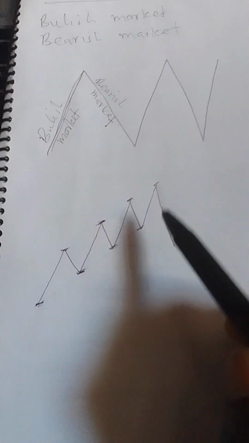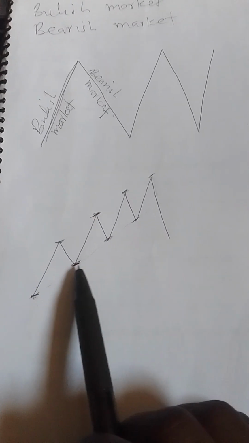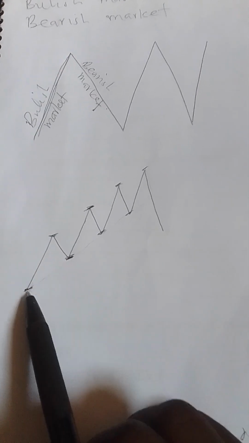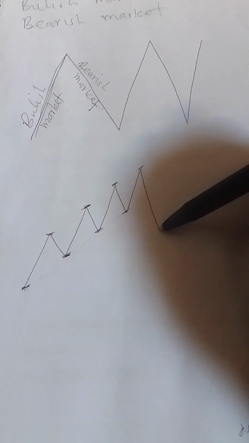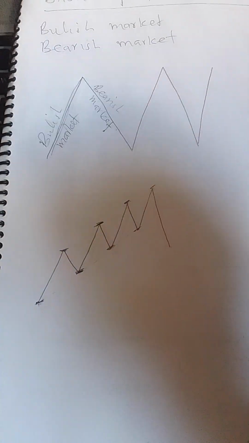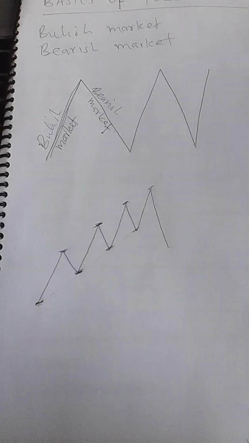It should not pass. When you check, this one is not passing, this one is not passing, this one is not passing. But when it passes this way, it means the market has started becoming bearish, and you can sell.